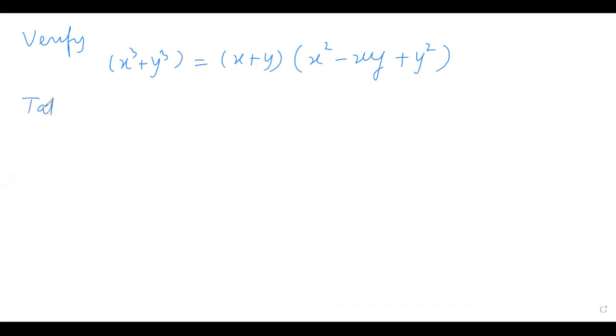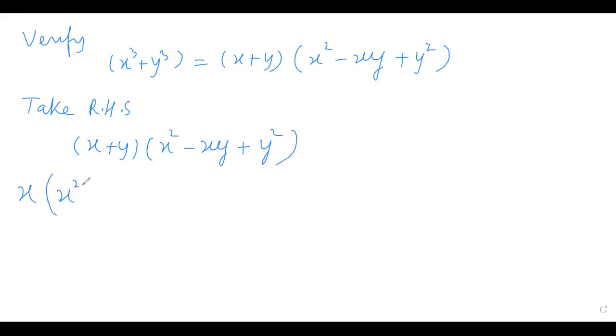So take RHS. What I have to do is multiply x with the whole of these terms, and multiply y with the whole of these terms.